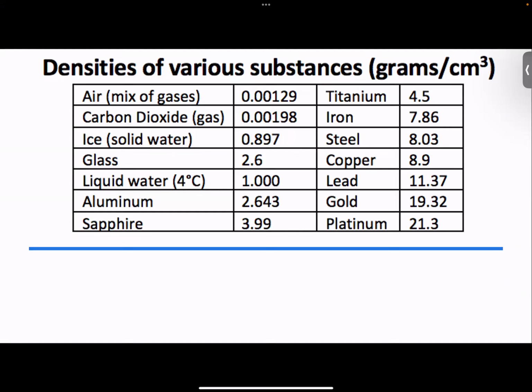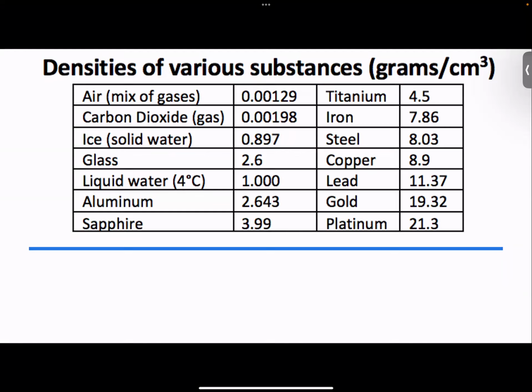Whereas, if you look at glass, which we know is a solid, it has a density that is much greater. It has a density of 2.6 grams per centimeter cubed, meaning there's a lot more molecules within that centimeter cubed. It's a lot more dense of an object.